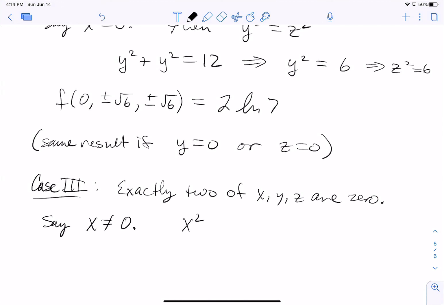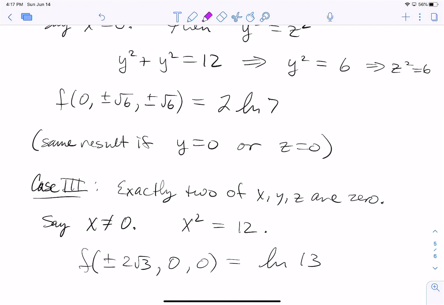Then our constraint equation, x squared plus y squared plus z squared equals 12, becomes x squared is equal to 12. F of plus or minus 2 times the square root of 3, when that simplifies, comma 0, comma 0, is equal to the natural log of 13.